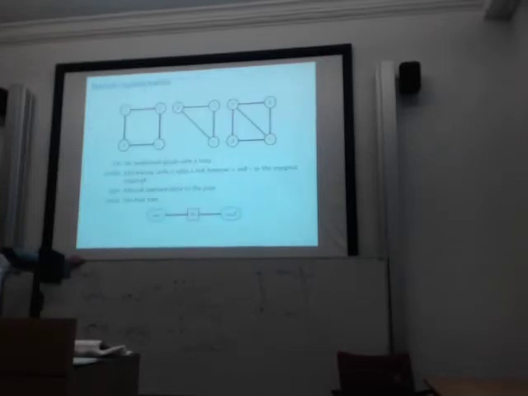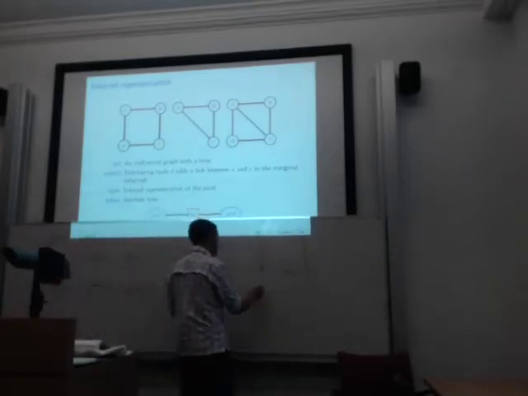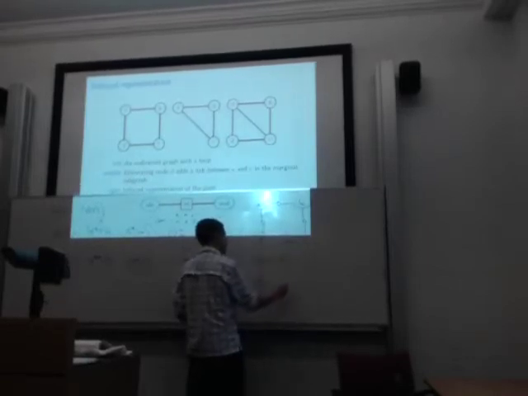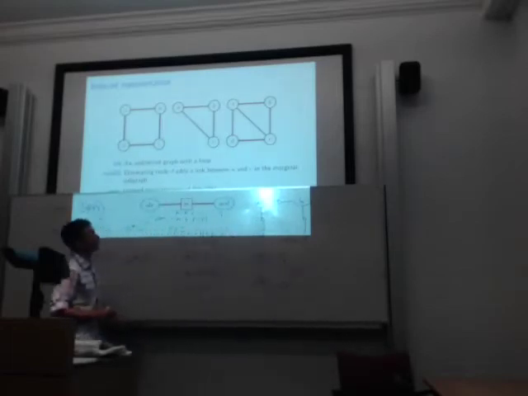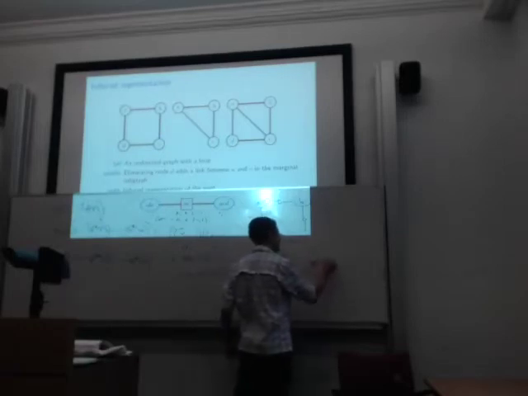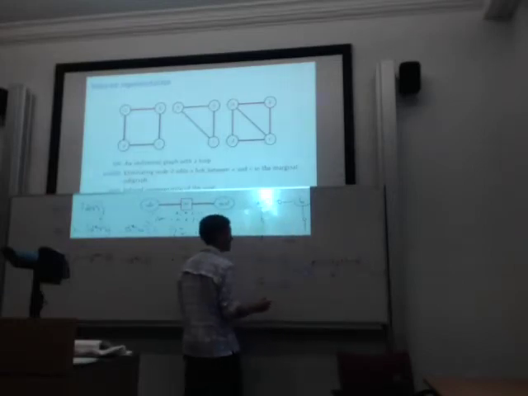So what does it mean? It means that I've been able to represent the multiply connected graph. So this one, this Markov network here, actually it's a clique graph. We realized we could represent this as P of A, B, C, P of B, C, D, over P of, what was it?